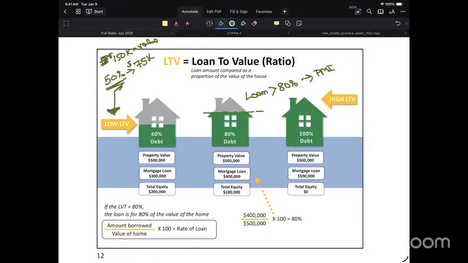If you're borrowing less than 80%, there's less risk. And since there's less risk, they don't need you to purchase an additional insurance policy to cover them.